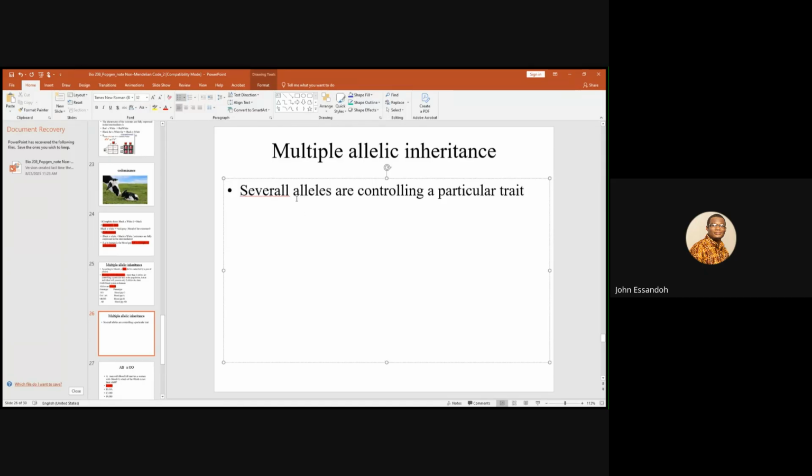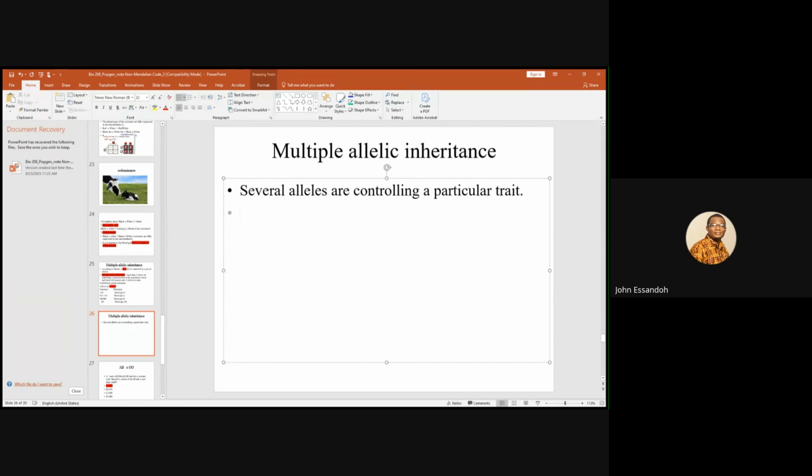So several alleles are controlling what? A particular trait. In this case, we expect only two alleles, but we have several alleles, and they are controlling a particular trait.